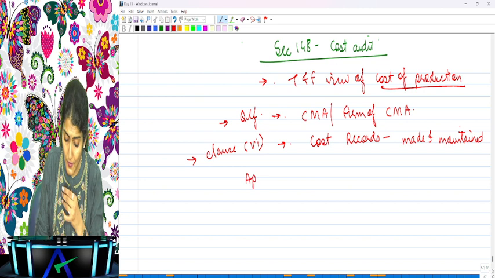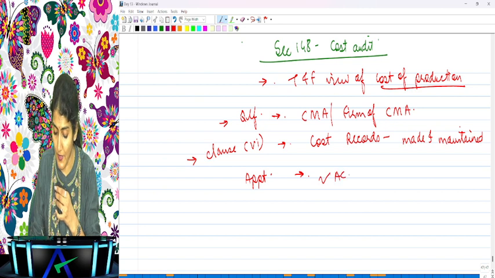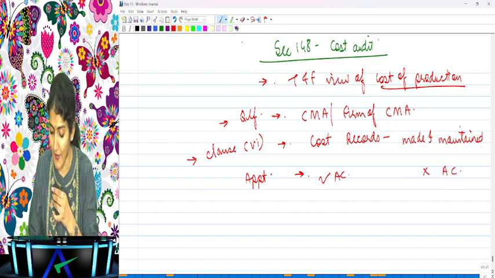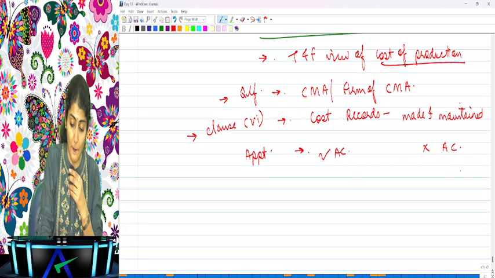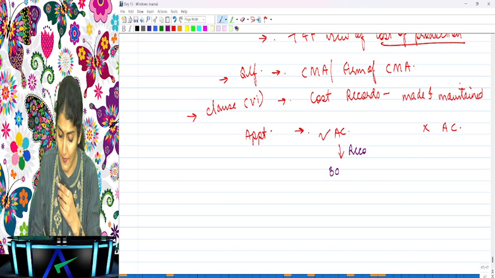Then if we look into the appointment of the cost auditor, again we have two possibilities: the company has an audit committee, or the company does not have an audit committee. If the company has an audit committee, it will make the recommendation to the board, and then the board will appoint the cost auditor.